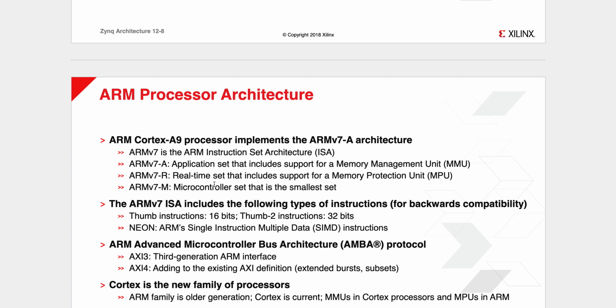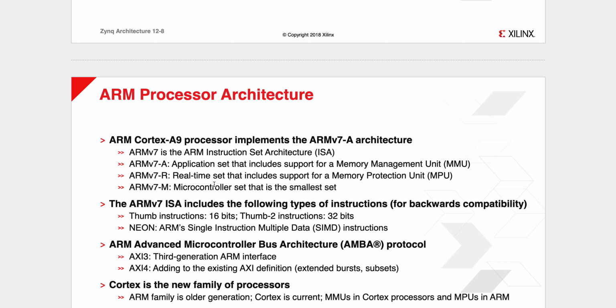Understood? And for ARM v7 we have variants: ARM v7, ARM v7A, ARM v7R, ARM v7M.